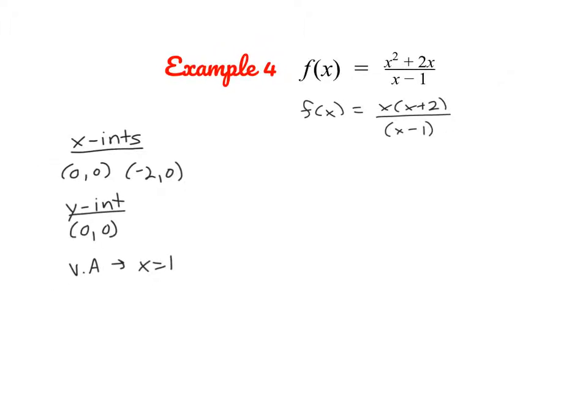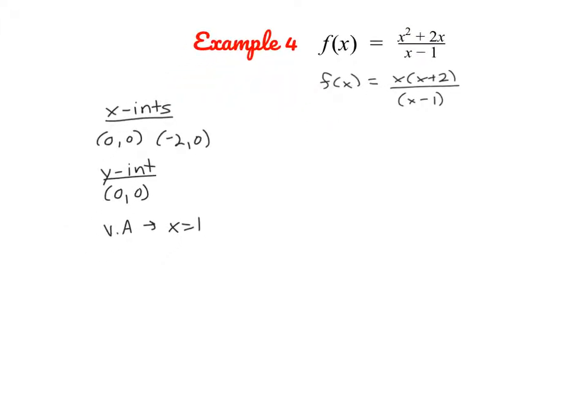And then here, since the degree in the numerator is larger than the degree in the denominator, I know that I don't have a horizontal asymptote. But since the degree in the numerator is exactly 1 more than the degree in the denominator, that does mean that I am going to have a slant asymptote.